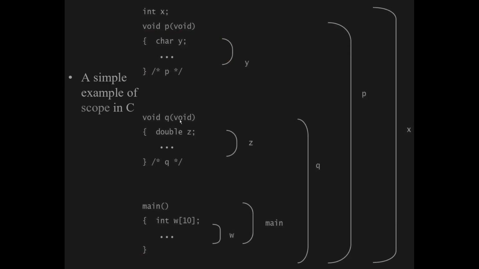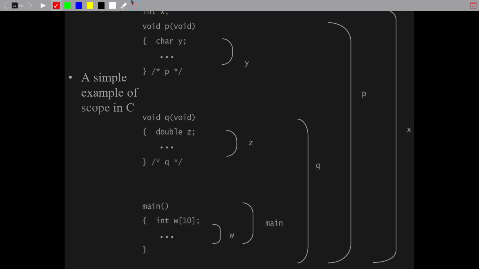Okay. Similarly with Q, it's usable everywhere after the declaration, but the variable Z that is local to Q is only usable from within Q. Okay. Same thing with main, with W in main, and so on. And for X, since it's a global declaration here, it's usable anywhere. Okay.